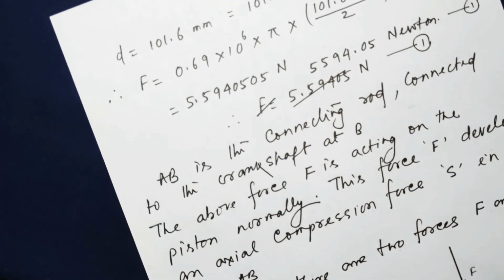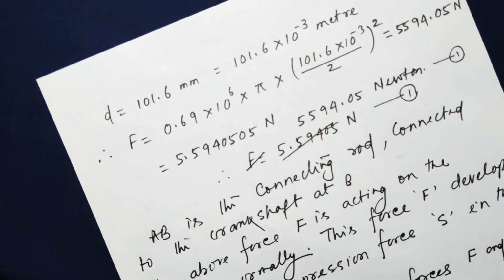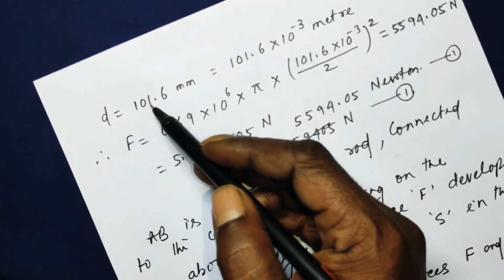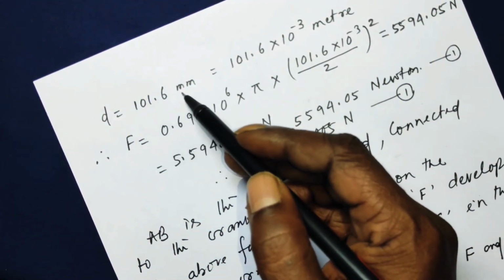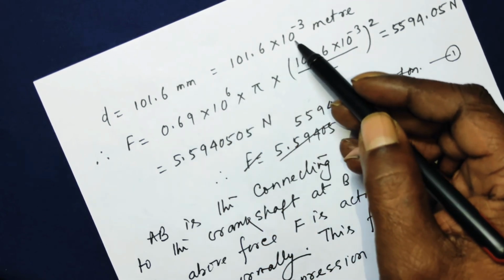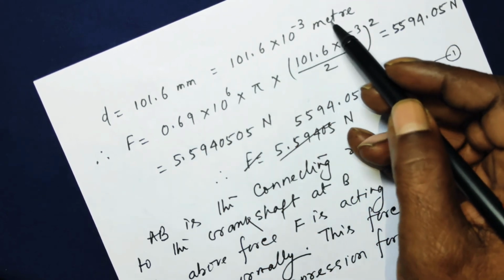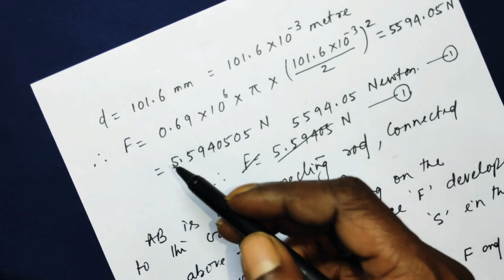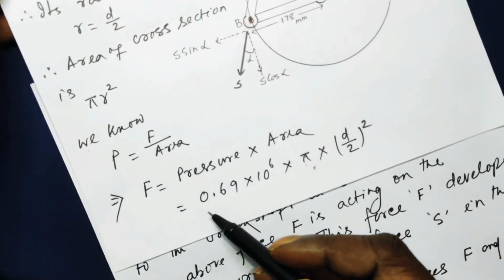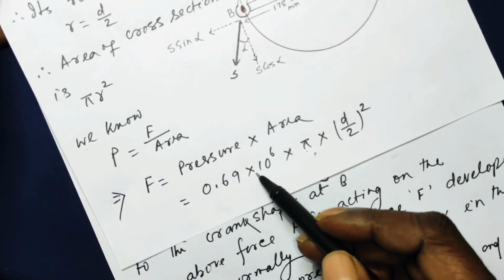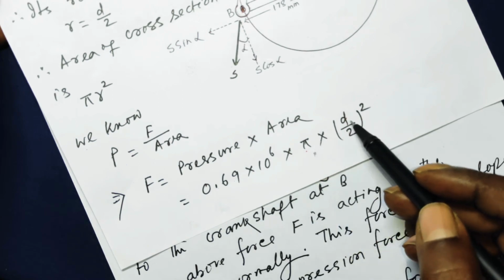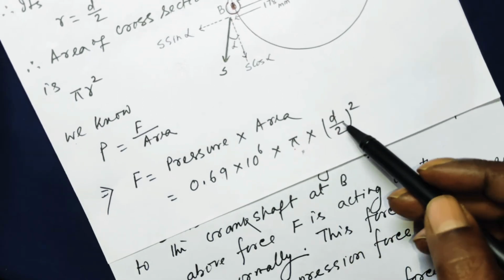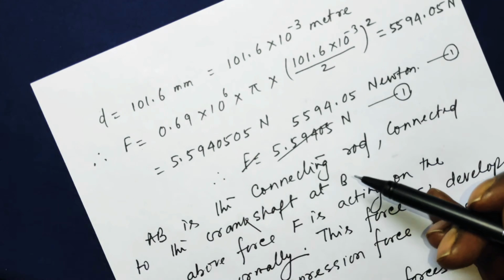Now, since D, the diameter of the piston, is given as 101.6 millimeter, I convert it to meter by multiplying with 10 to the power minus 3. So force, which I explained to you here, is 0.69 times 10 to the power 6 times pi times the square of the radius. Now I put the value of D by 2.